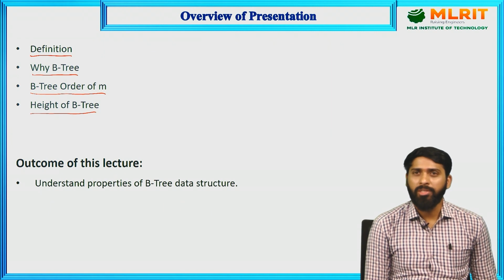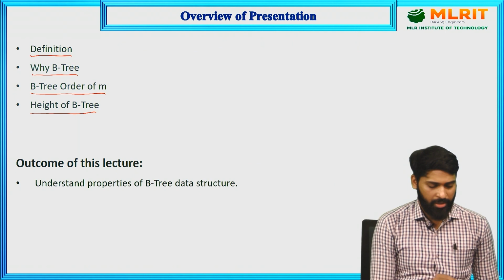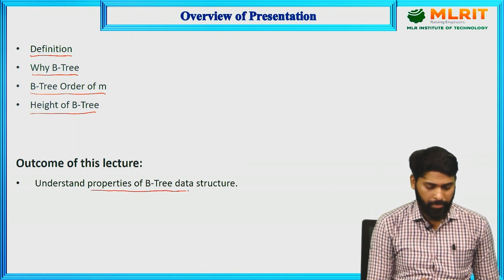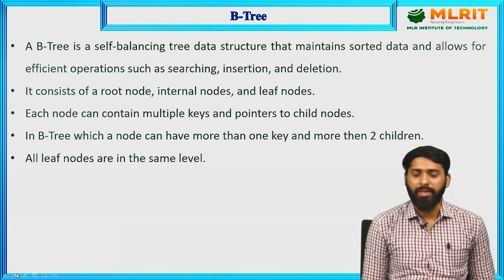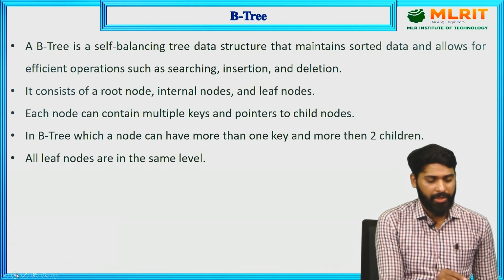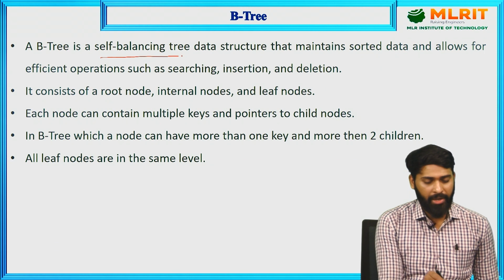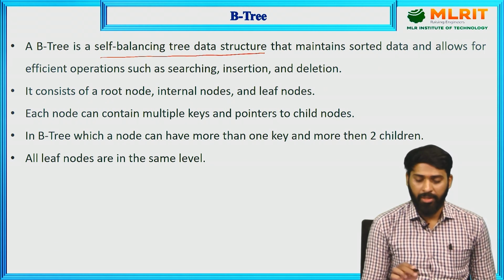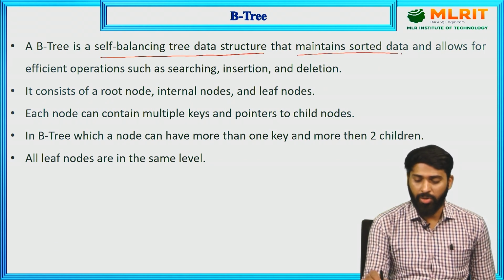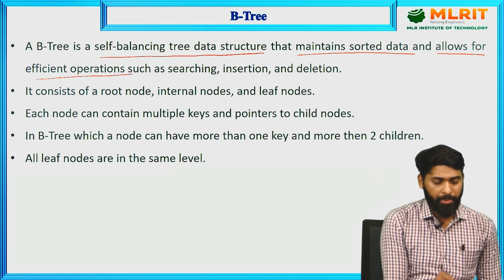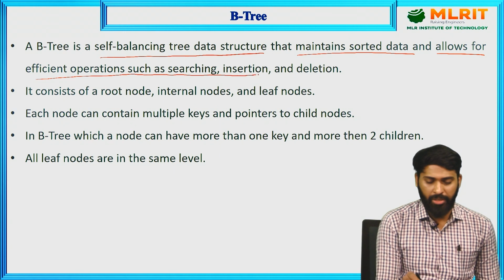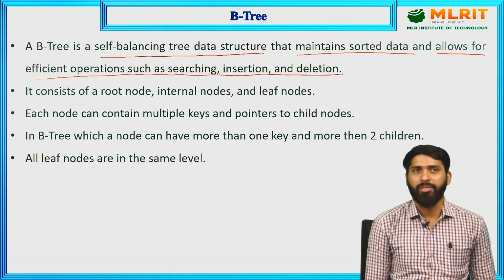Outcome of this lecture: at the end of this lecture you will understand properties of the B tree data structure. So, definition of B tree. B tree is a self balancing tree data structure that maintains sorted data and allows for efficient operations such as searching, insertion and deletion.